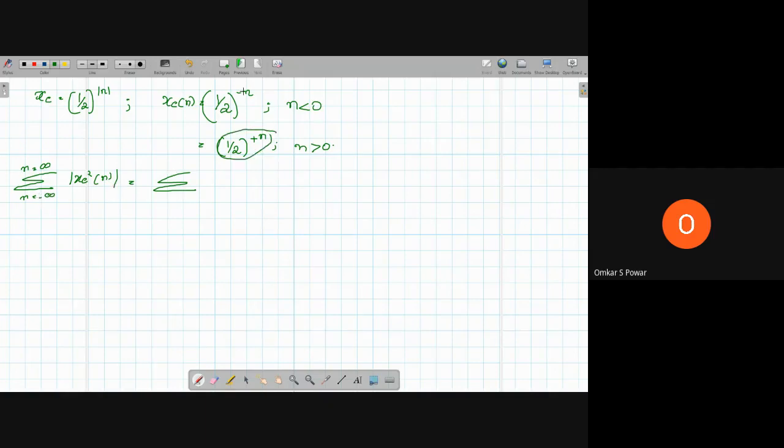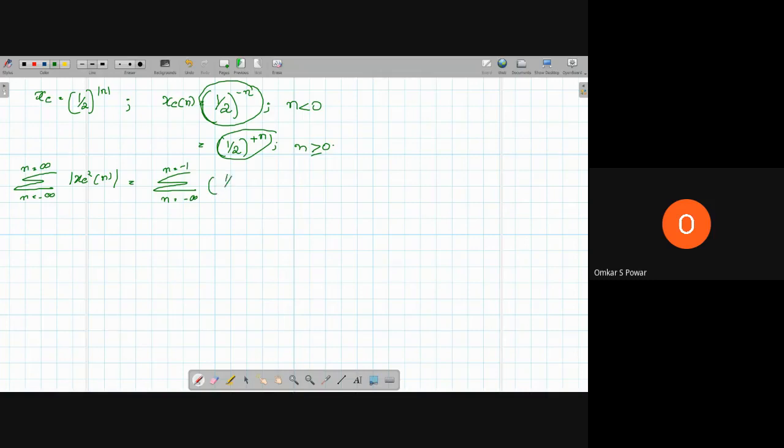What is the value if it is less than 0, so from minus infinity to minus 1? n is equal to minus infinity to minus 1.